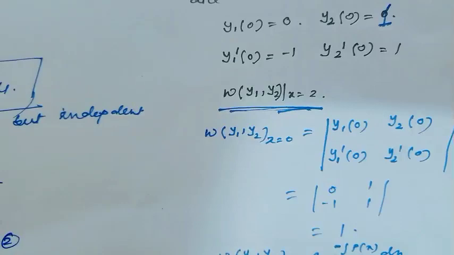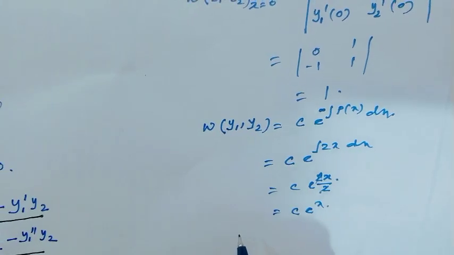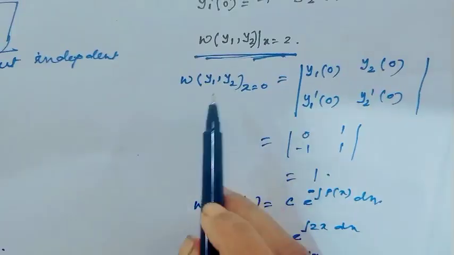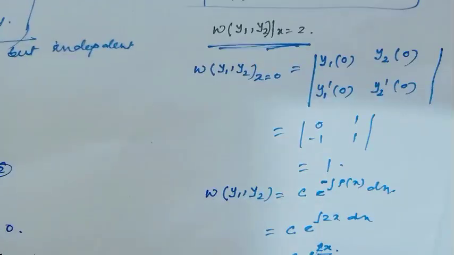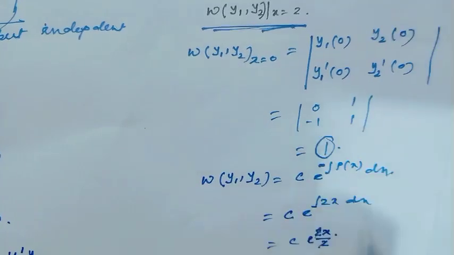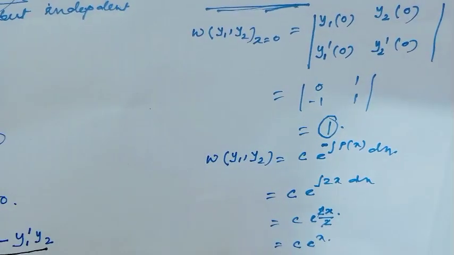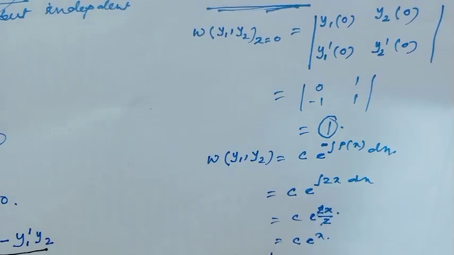I have to find the Wronskian of y1, y2 at the point x equal to 2. Since by this condition I have got the Wronskian of y1, y2 at the point x equal to 0 equal to 1, just put x equal to 0.